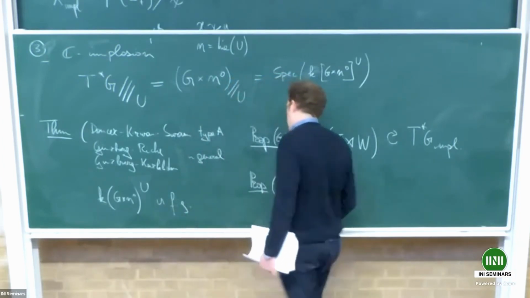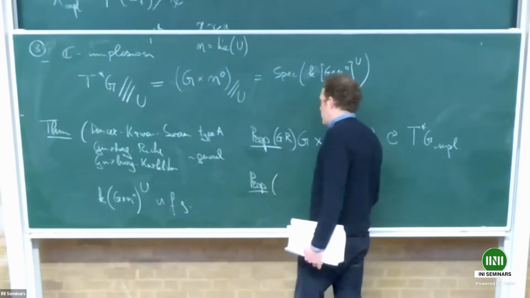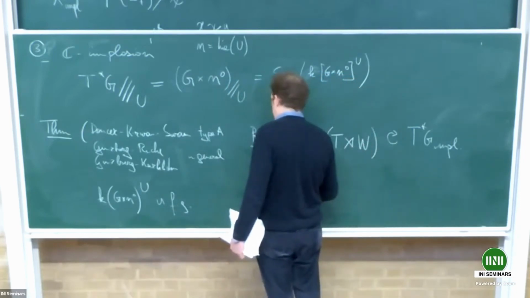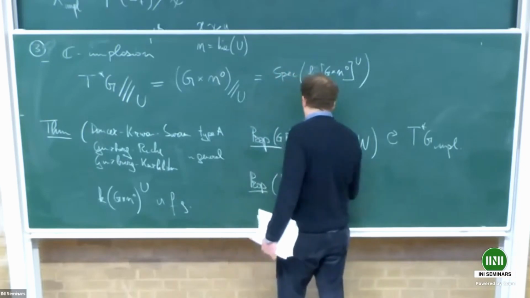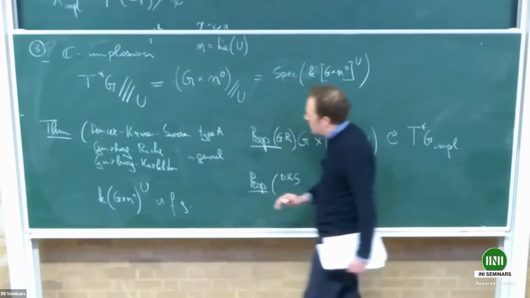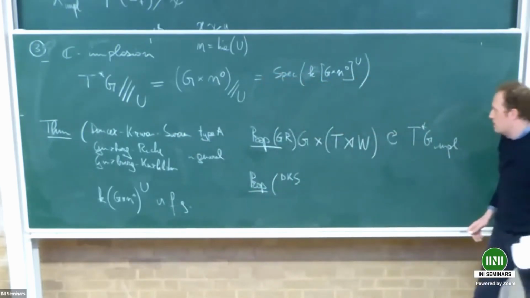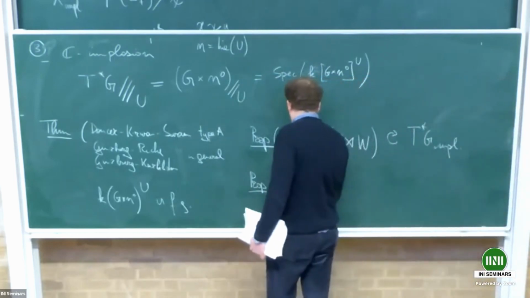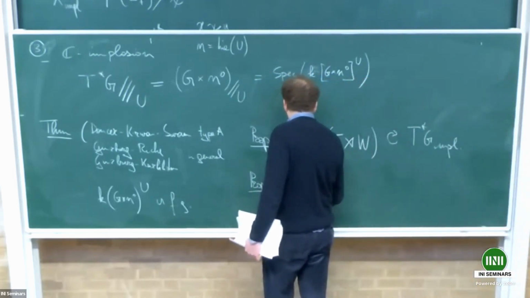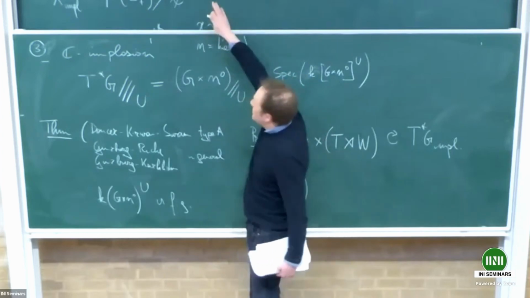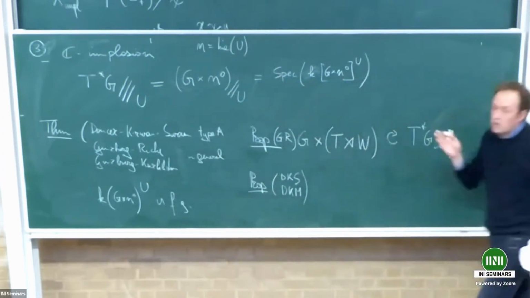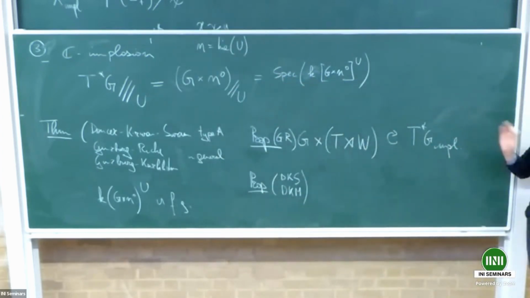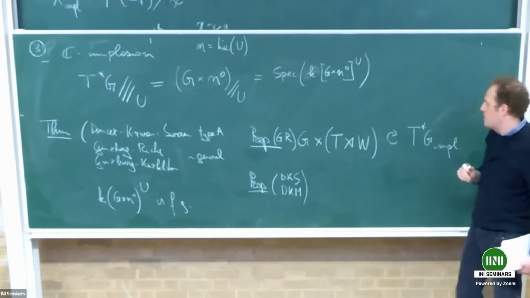Another aspect that Dancer, Kirwan, and Swann observed in type A, and that we have generalized now in arbitrary type, is that I mentioned that there's a very important toric variety around on the real symplectic or the algebraic side.